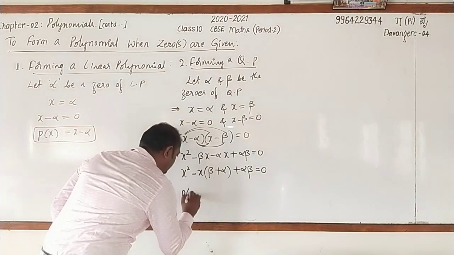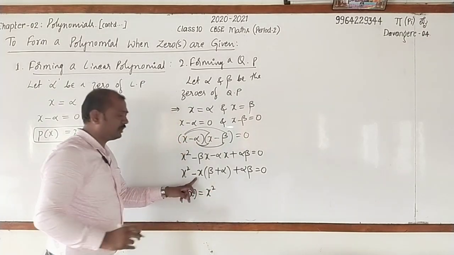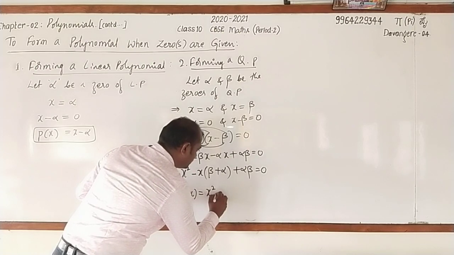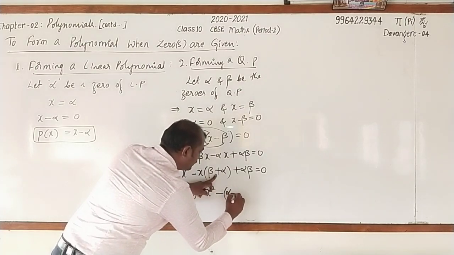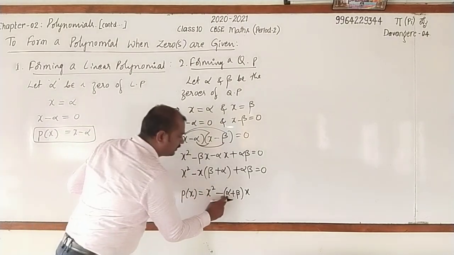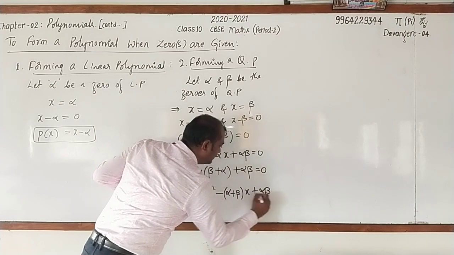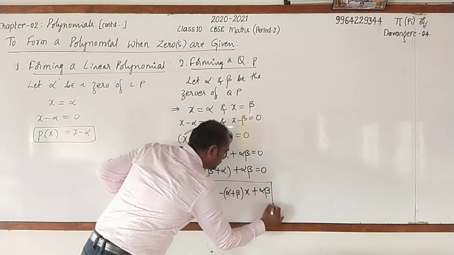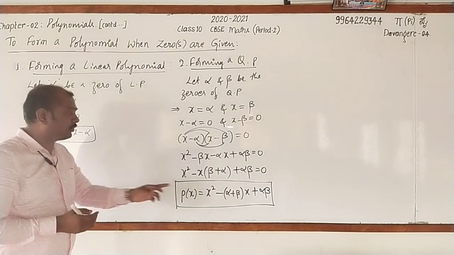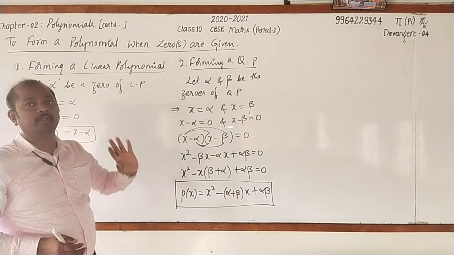Hence I take only the LHS part. x square minus x of beta plus alpha, which can be written as minus of alpha plus beta into x. Only for the sake of order I have written so. Next, plus alpha beta. So this is the general form of forming a quadratic polynomial when its zeros are given, alpha and beta.